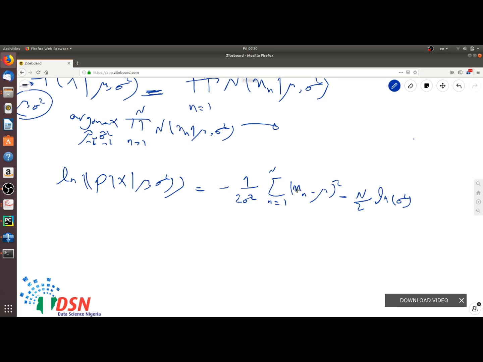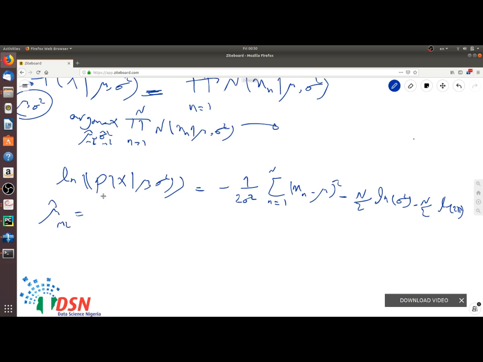Okay, anyway, it is something like this, and if you want to obtain this mu, you just need to maximize this with regard to mu.